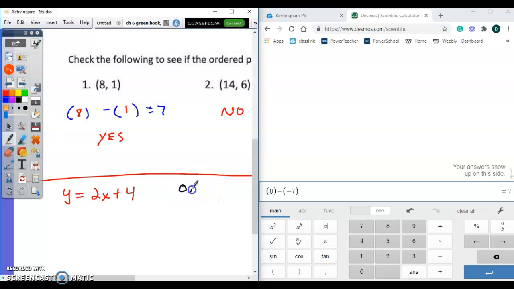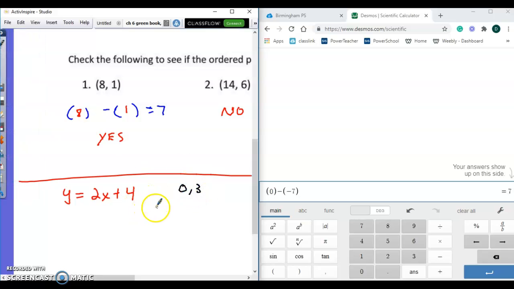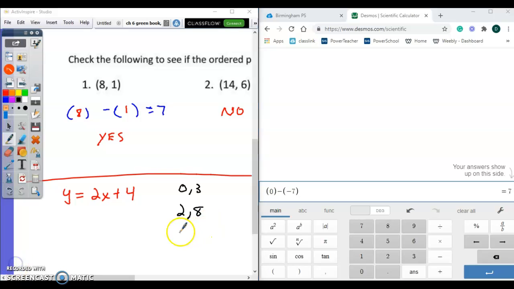Maybe we do (0, 3), maybe we do (2, 8), and let's do one more. And we can do (3, 10). So here are our ordered pairs. So I'm going to use a calculator to check to see if these are solutions. Now, what I'm going to do is put the x value in, and in this case, since it's equals y, it has to equal that second number of the pair.